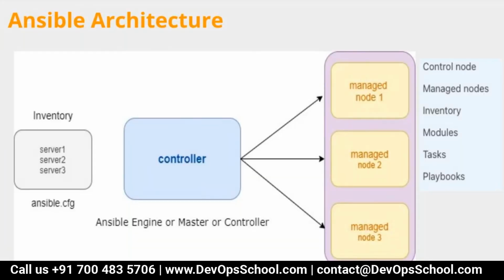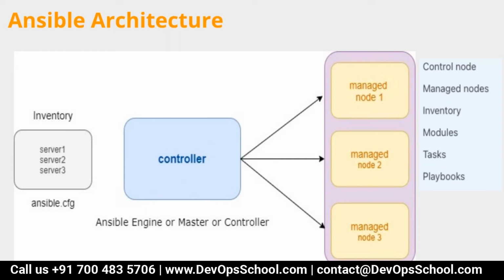Yeah. So here I want to explain how the Ansible architecture actually works. You have the Ansible controller. You can call it an engine, controller or master. We'll stick with master and slaves, or managed nodes.